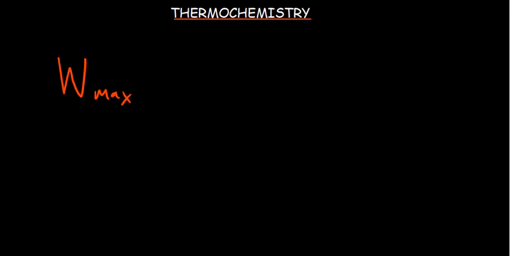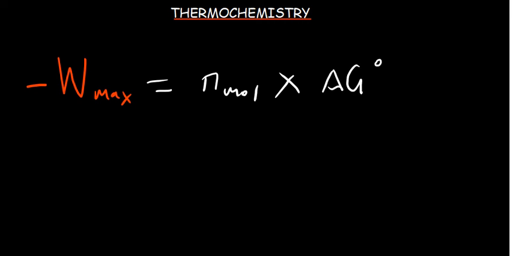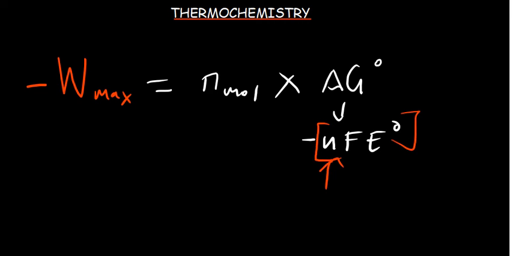Usually you can put a negative beside it: negative maximum work done is equal to the number of moles multiplied by the standard Gibbs free energy. It's not that the number of electrons is negative; it's part of a formula. You can't get a negative number of electrons. Just put it there as positive, and it will be negative because of the negative part of the formula. So the formula for maximum work is Gibbs free energy times the number of moles.